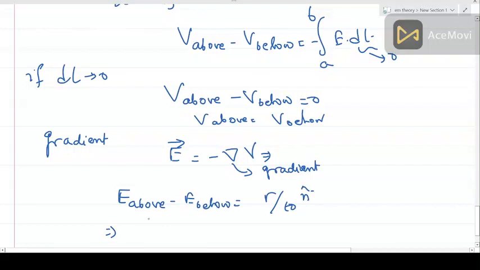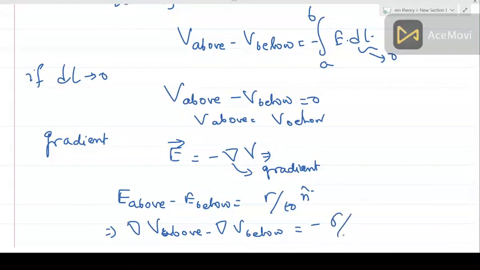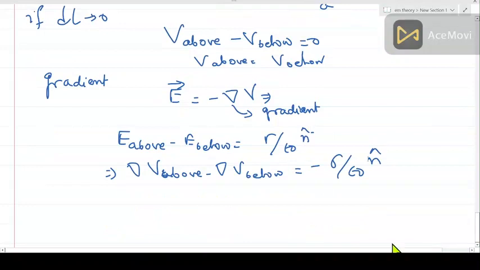E above and E below can be written as minus del V above minus minus del V below, so take care of the minus sign. So that is minus del V above minus del V below, which equals sigma by epsilon naught times n unit vector. What we are doing is expressing E as minus del V.